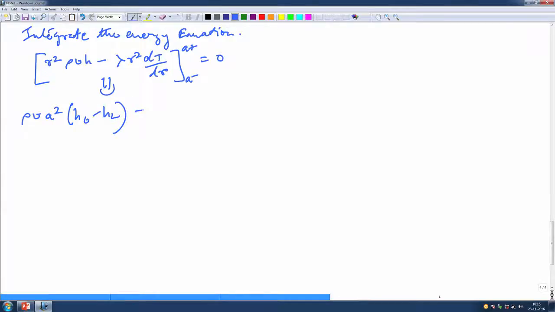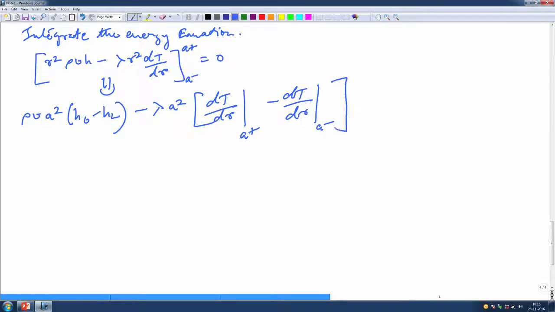Just follow the terms. There are 2 lambda a square terms. This is basically nothing but v into a into the corresponding enthalpy of the vapor and the liquid, correct.